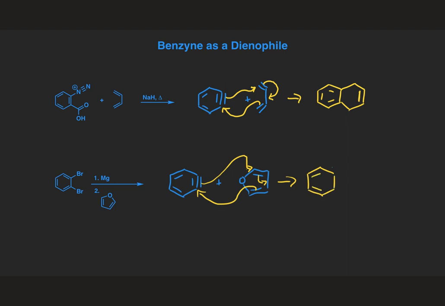To generate this fused ring system. Like so. So benzyne is an excellent dienophile and will react with a wide variety of dienes to form these fused ring systems where one ring is an aromatic ring and the other is a cyclohexene.